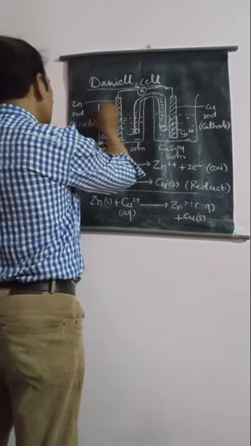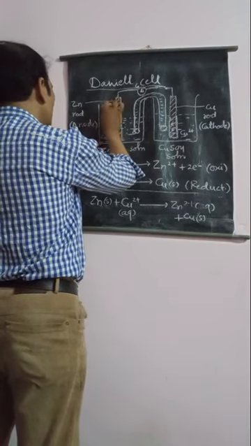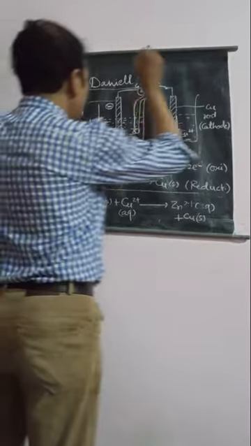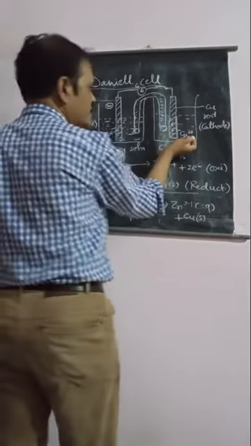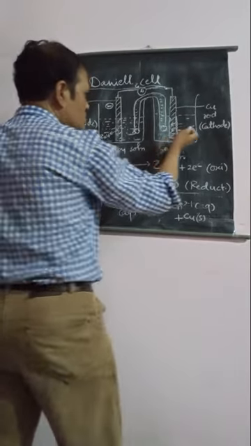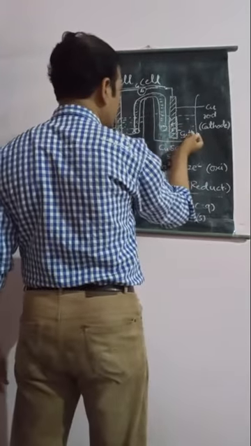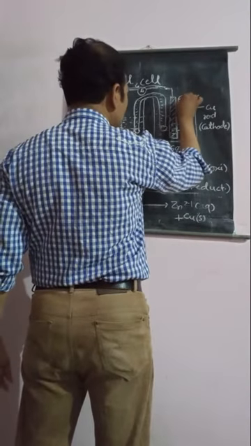So the anode will be negatively charged, and as these electrons go over, the copper ions will come onto the copper electrode and give up their positive charge. That's why on the cathode the positive charge will be present.